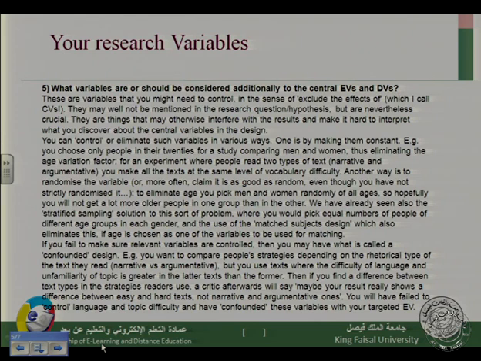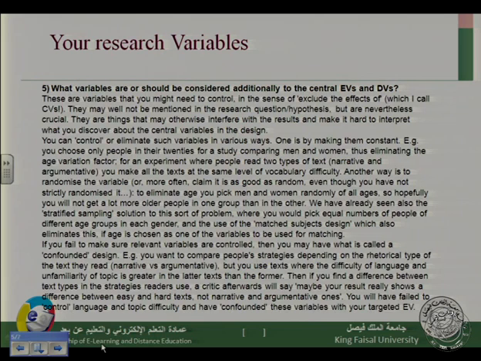They are things that may otherwise interfere with the results and make it hard to interpret what you discover about the central variables in the design. Yes, sometimes you reach very complicated results and you want to explain them. And then when you go back to your data, you would find, well, the answer may be because of gender. So it's hard from the beginning. It's a tough decision. Maybe sometimes you will regret it. You would say, well, I wished I had included that CV, that control variable, in my analysis.